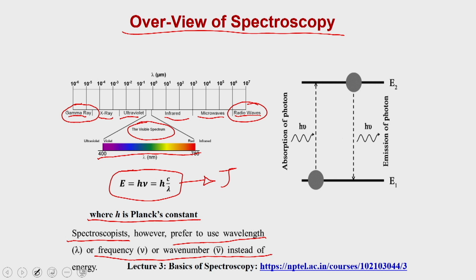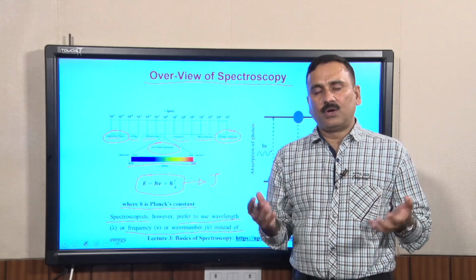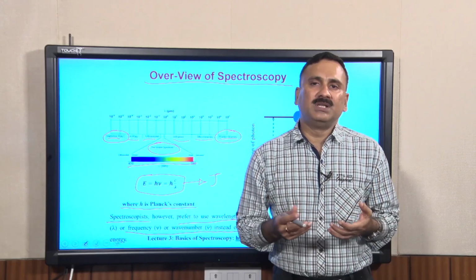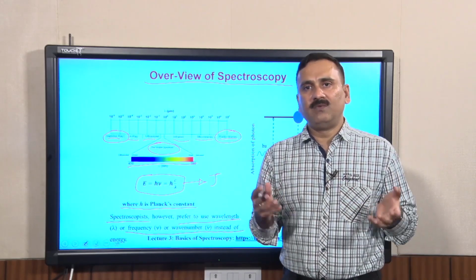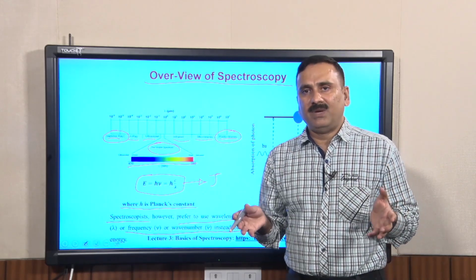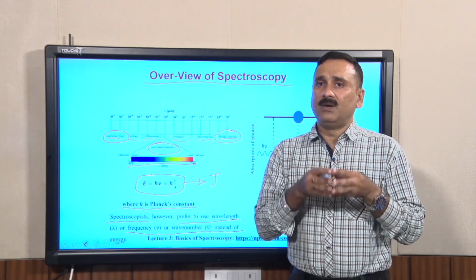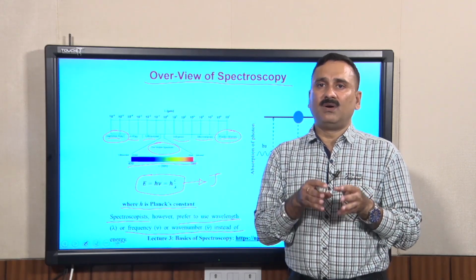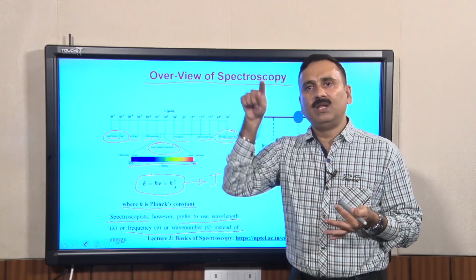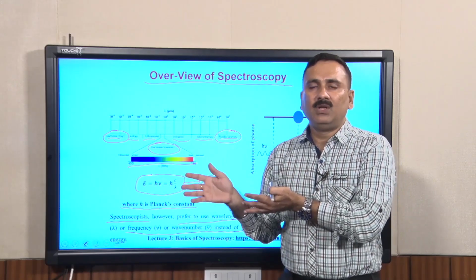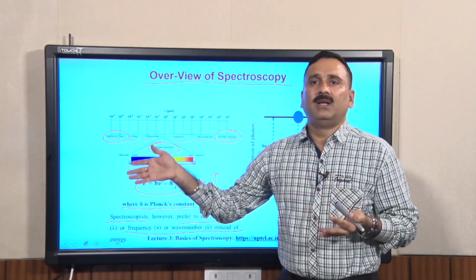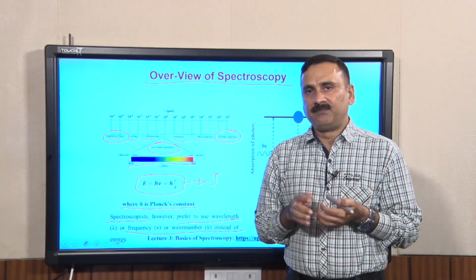They are not going to give you conclusions in terms of joules, electron-volts or any other parameters. They only give you the analysis in terms of wavelength: this wavelength of light is interacting with your matter, and so this could be the nature of this particular matter.